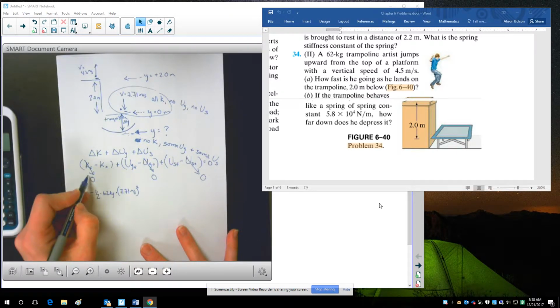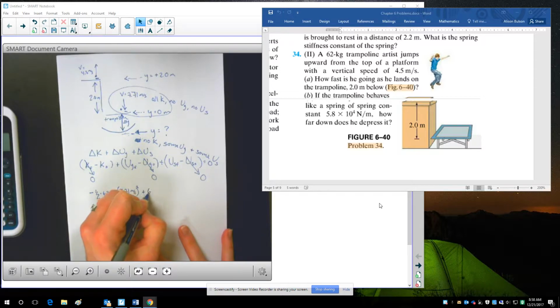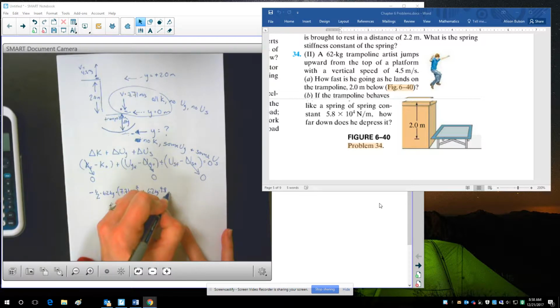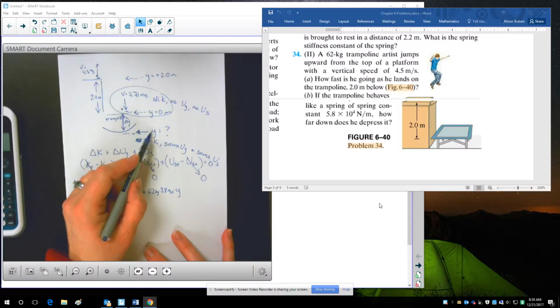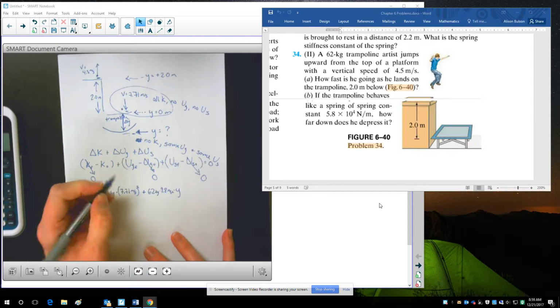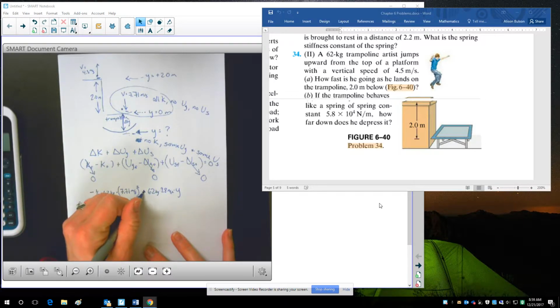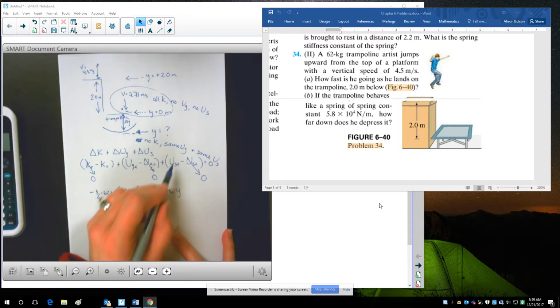Okay, so that's 0 minus kinetic energy at the beginning, plus gravitational potential energy at the end. So that's 62 kilograms times g times y, and I'm just going to leave it as y, but I'm going to expect to get a negative number because I've gone below 0. Oops, and that should be a negative sign. No, that should be positive, excuse me. Minus, plus, minus 0, plus, positive.